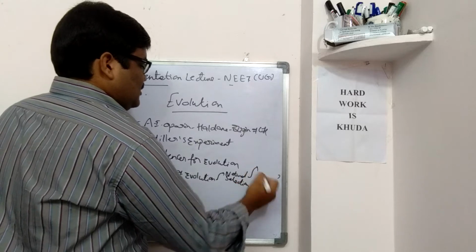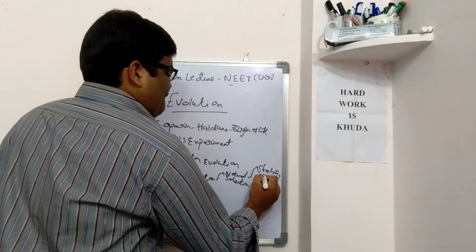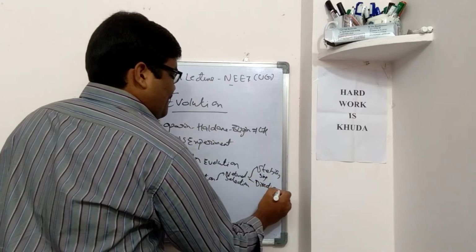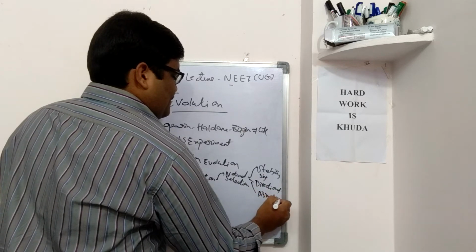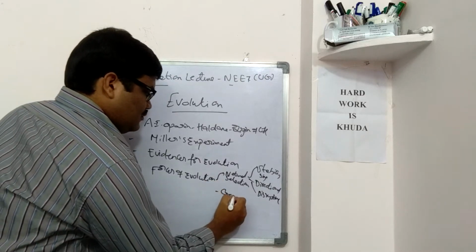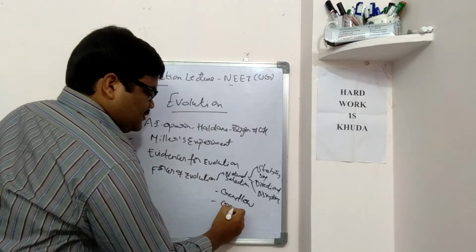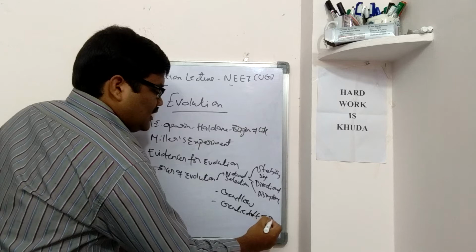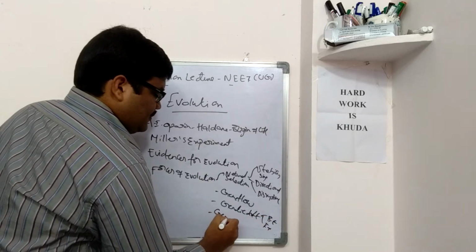There are different types like stabilizing, directional, and disruptive selection. Then another force is gene flow, and genetic drift, like the bottleneck effect, founder effect, and genetic load.